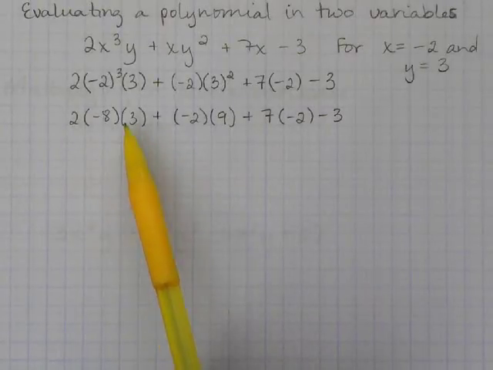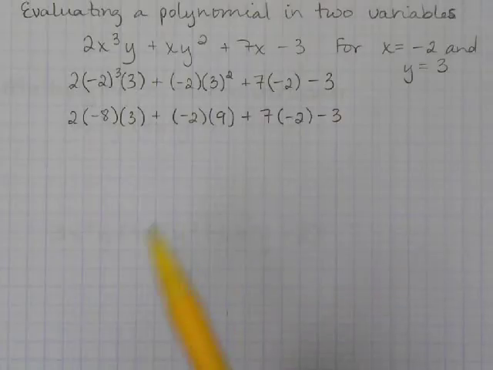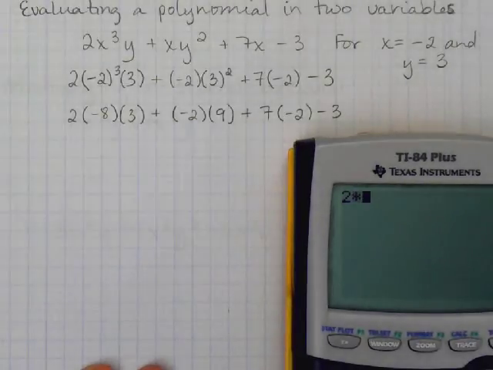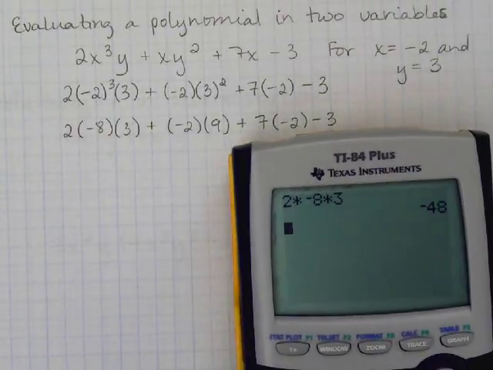So I wouldn't necessarily write down the next line, but if I'm adding the negative, what's that the same thing as doing? Subtracting. So this is really just negative 48, minus 18, minus 14, minus 3. And I would just plop all that in my calculator.